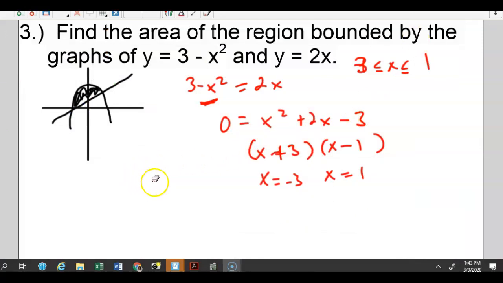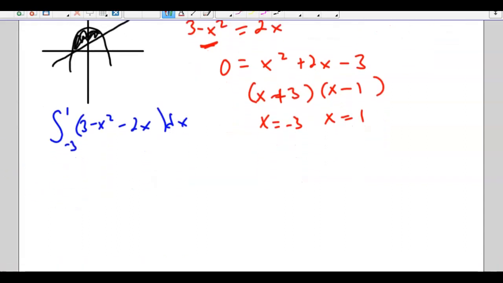So now we integrate from negative 3 to 1. And the top was the parabola. So 3 minus x squared minus 2x dx. The top was the parabola, so that's the parabola minus the straight line, 2x.